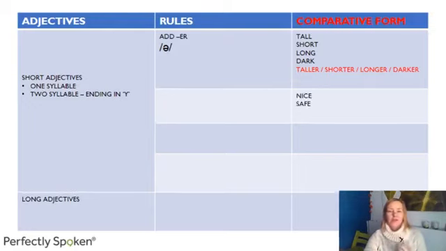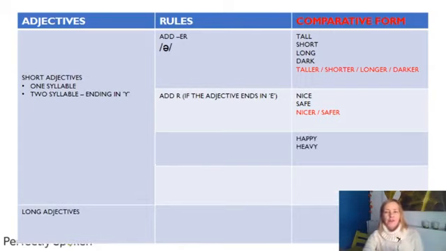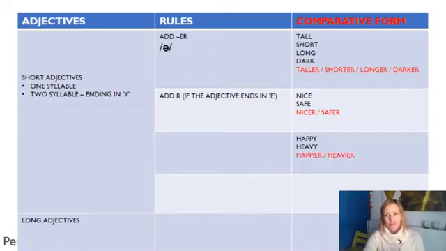Okay. Then we've got another example of some adjectives, one syllable, but these adjectives end with an E. So you simply add R. It'd be nicer, safer. And then we've got, as I said, the two syllable adjective ending in Y, like happy, heavy.